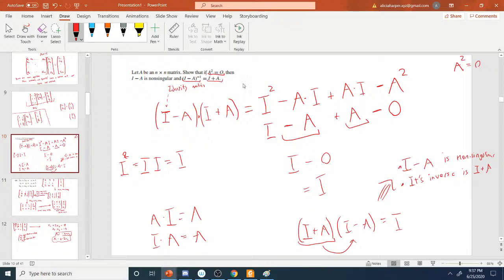And you have to know the axioms that you're using. For example, here I was taking advantage of the fact that A times the identity matrix is A, regardless of which side I multiply the identity matrix on. As well as the fact that if you multiply the identity matrix by itself, you just get the identity matrix, so I squared is equal to I. The point of this is to outline what would be expected when I ask you to prove something.